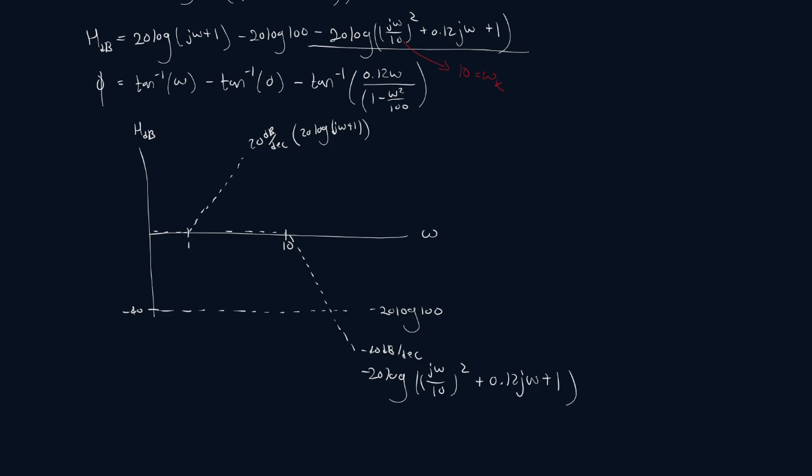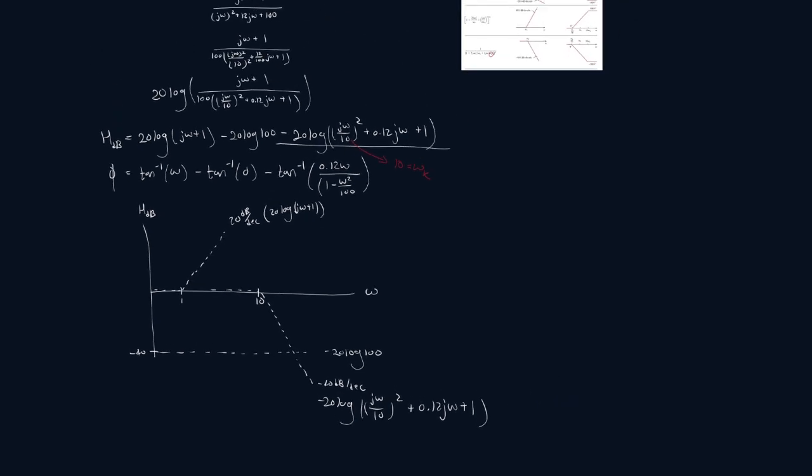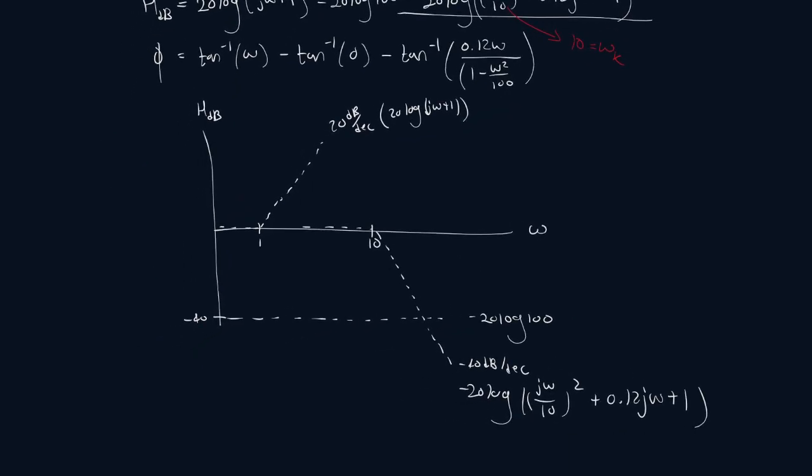Alright, and that should be enough information to do our Bode plot. So in the beginning we start at minus 40, and then we stop at 1. Okay, and then we have a slope of 20 decibels per decade until we hit 10.